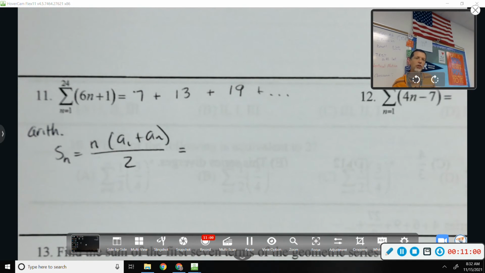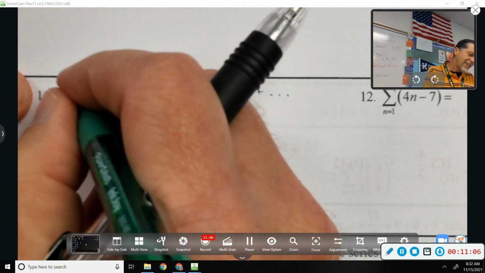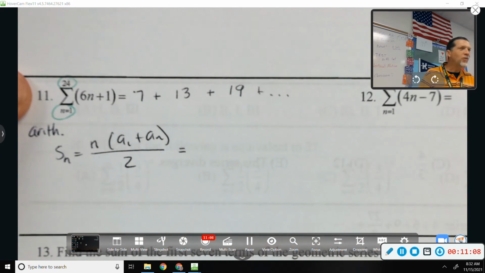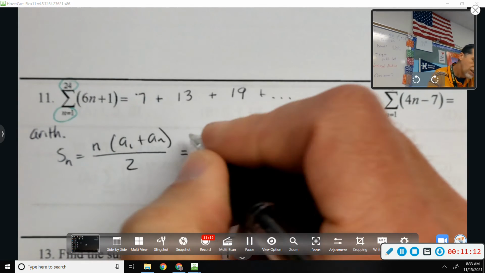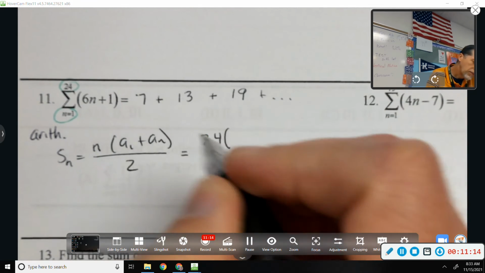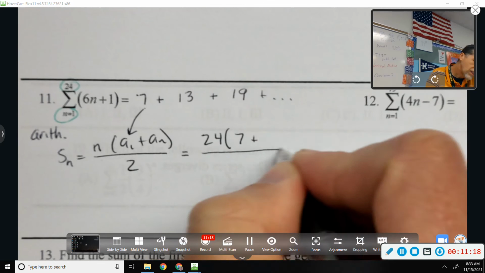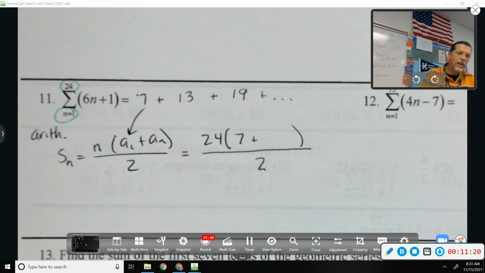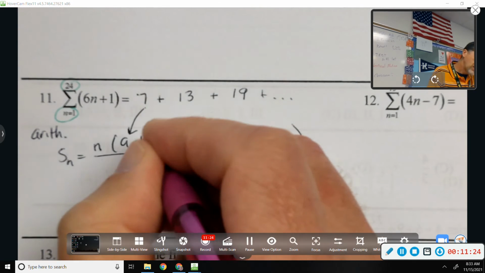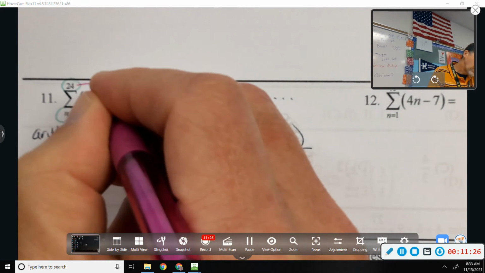So how many terms are there in this? There are 24, although that is a tricky question, especially if n isn't 1. First term is 7. How am I going to figure out what the last term is? Plug in the 24.